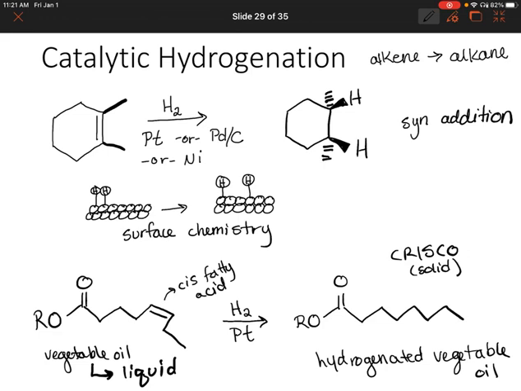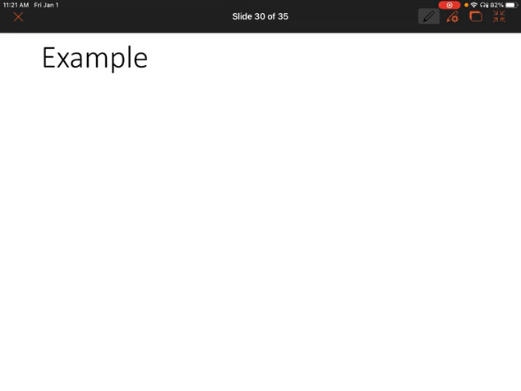All right, so we've talked about these catalysts, platinum, palladium, nickel, and let's look at an example here. So let's say that we have an ethyl group on both sides of that double bond.